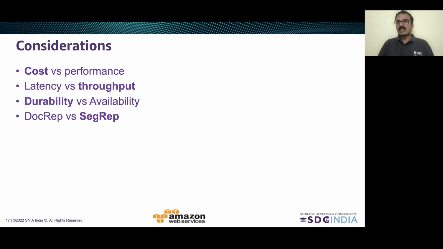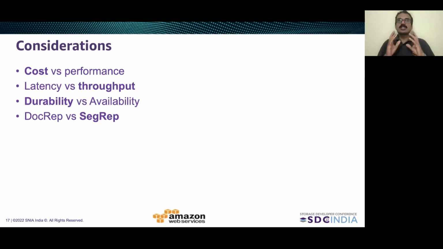In the case of segment replication or the remote storage approach that we just discussed, there is a delay in terms of when your document is available for querying. There's probably a few seconds, or a configurable number of seconds, but it's not as fresh as a document replication use case. These are considerations of the trade-offs while choosing remote store or segment replication or document replication.